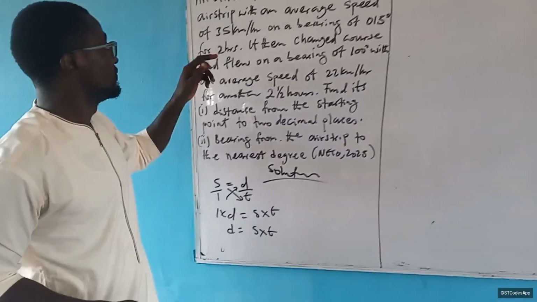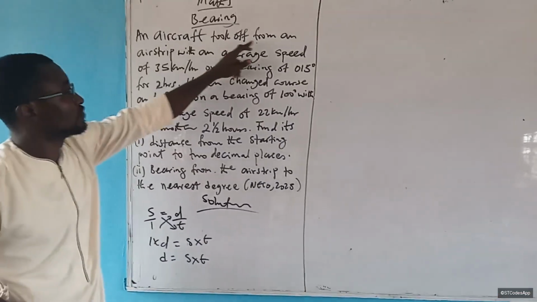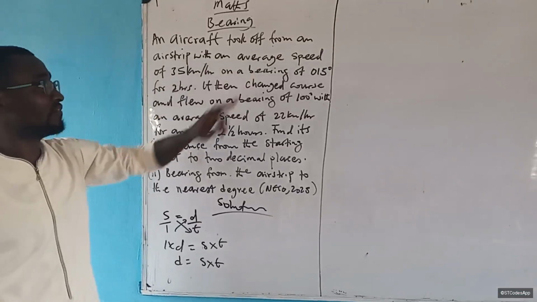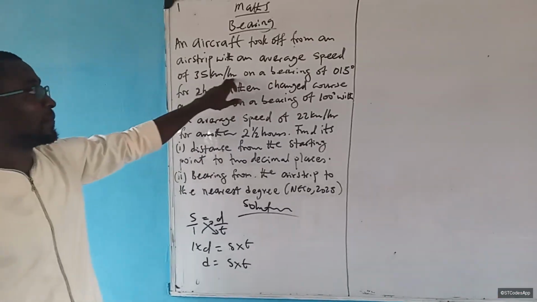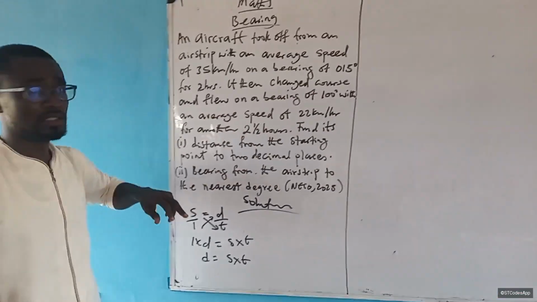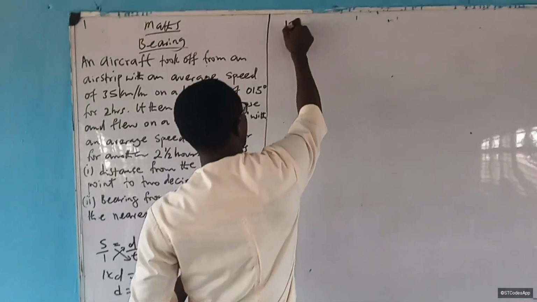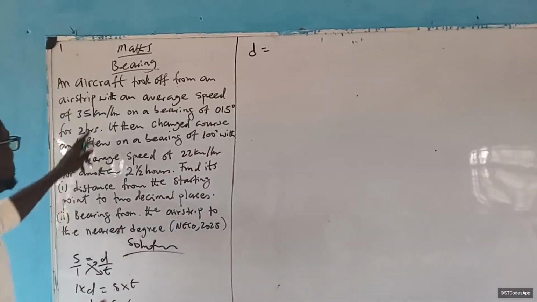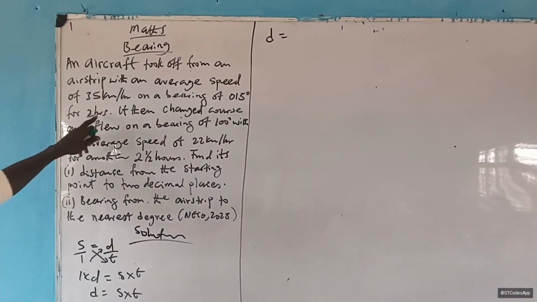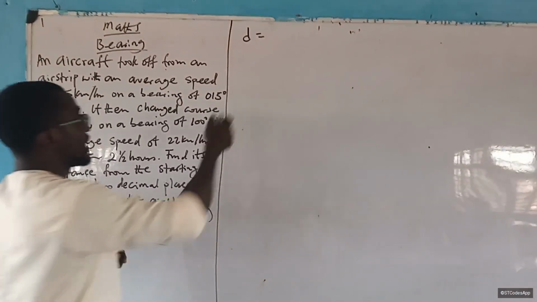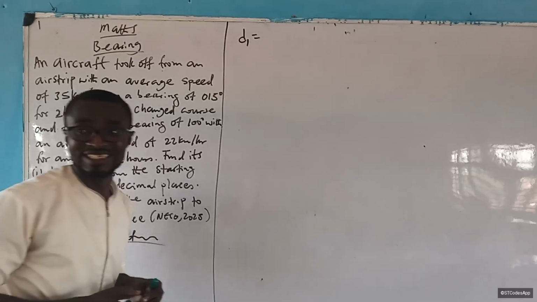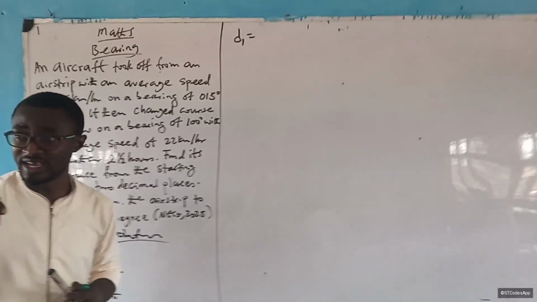Now let's start from the first sentence. It said an aircraft took off from an airstrip at an average speed of 35 km per hour on a bearing of 015 degrees for 2 hours. So here, our distance will be equal to the speed times the time. Let's call this D1, which stands for the first distance.